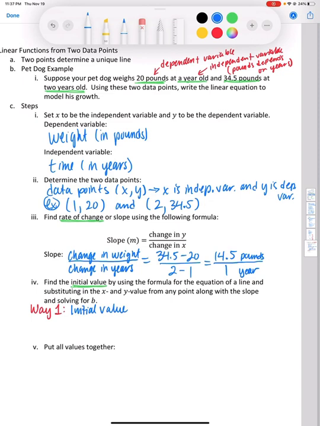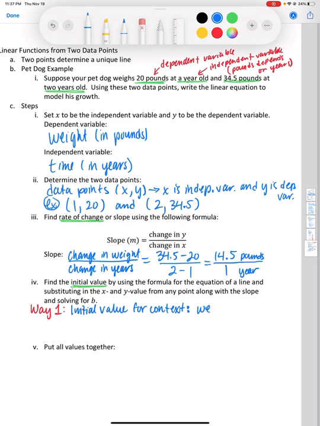So our initial value, for context, by deducing it because of the context, what we want to translate our initial value to is, what does that mean for our context? It's the weight of the dog when it was born.